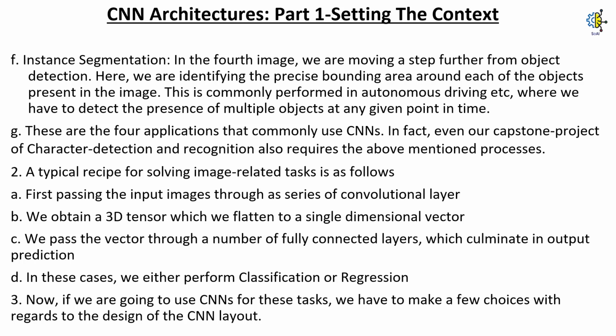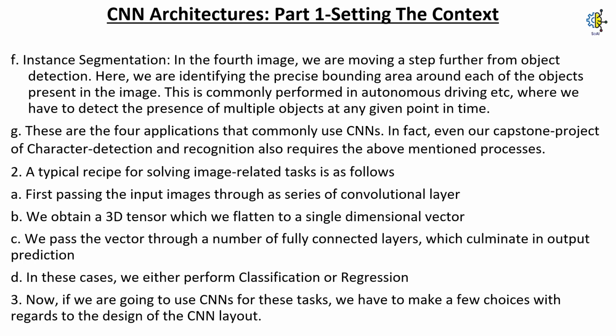Here, we are identifying the precise bounding area around each of the objects present in the image. This is commonly performed in autonomous driving, etc., where we have to detect the presence of multiple objects at any given point of time. These are the four applications that commonly use CNNs.